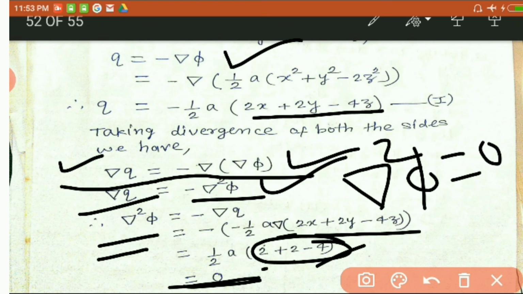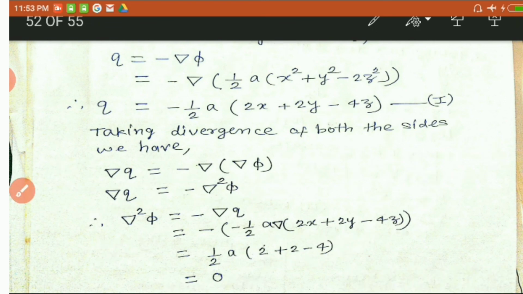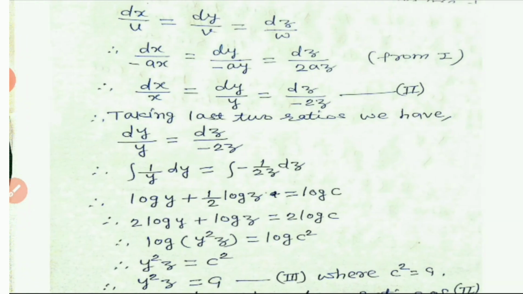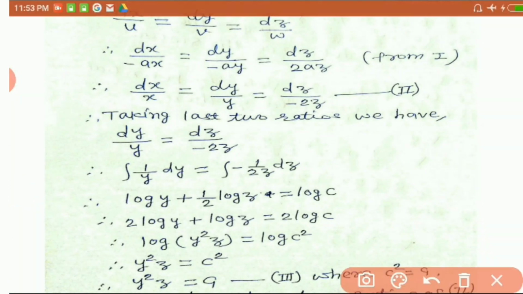Now to determine the streamlines, which are given by dx upon u is equal to dy upon v is equal to dz upon w.